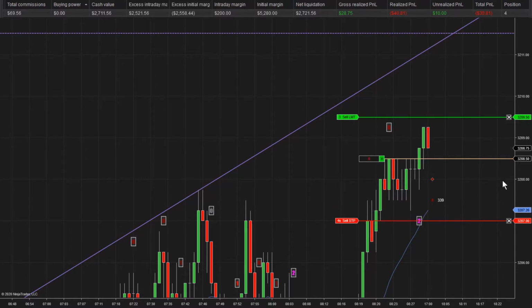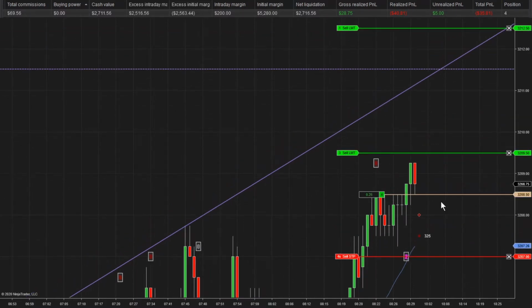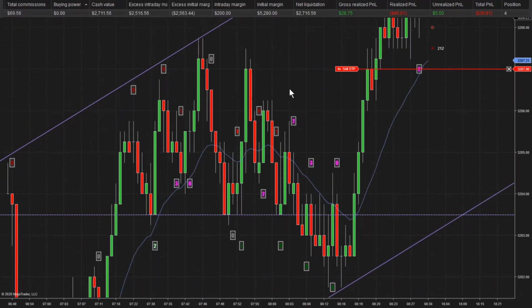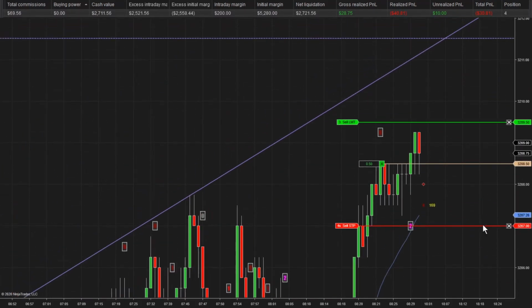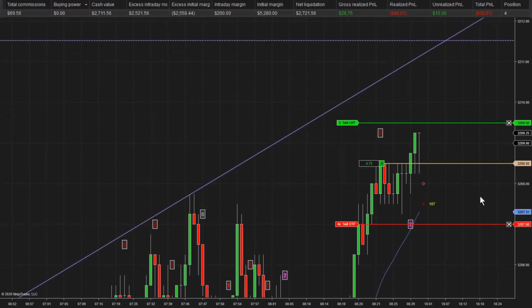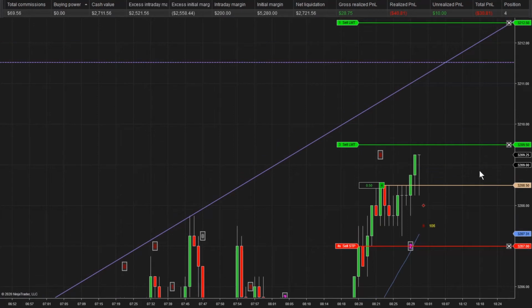Alright, this is so frustrating. As we chopped down, we might just chop up, but sitting comfortable here. Pretty comfortable. Now for me, 90% chance to hit my target, but I thought I was gonna stop down here. That was scary. If I had put it one tick below, I would have most likely got stopped out.